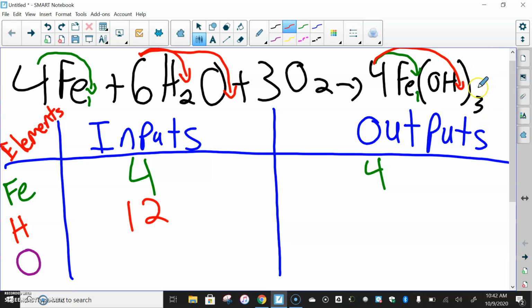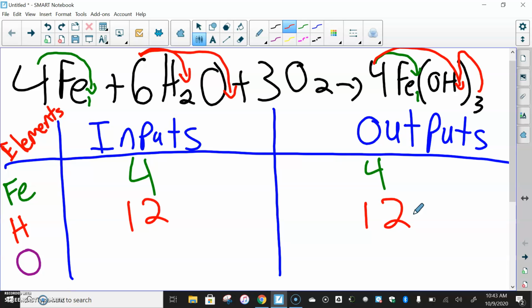We're going to have to distribute our 3 too. So if I do 4 times 3, that gives me 12. Now again, if you aren't a big math person, if we figured out that there's 12 hydrogens over here, we should know that there's 12 hydrogens over here because of the law of conservation of matter.